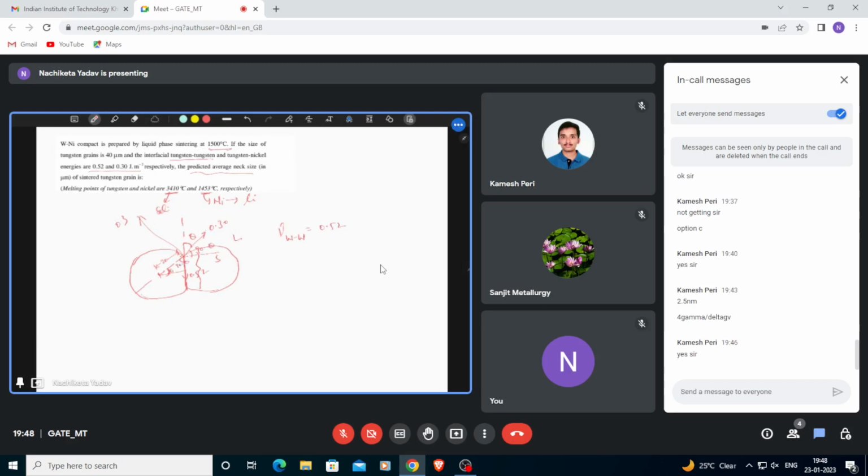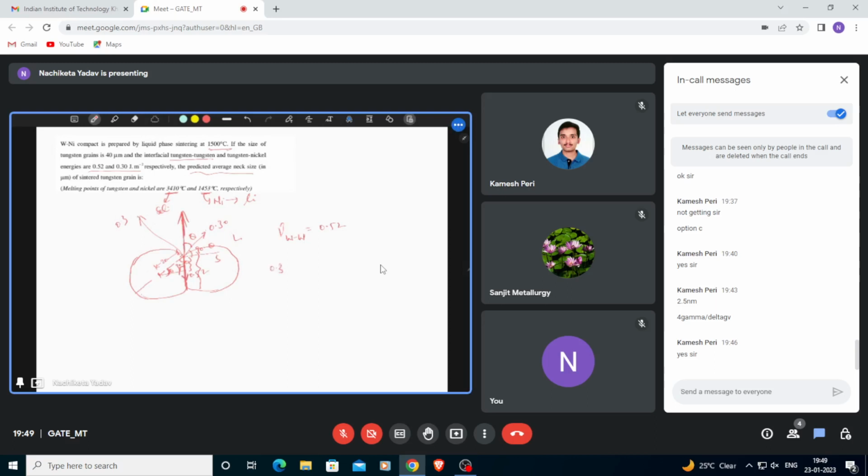Is it okay? And this is a right triangle. So from here, can you find this x? We can write from the energy balance: the total energy in this direction will be equal to the energy in this direction.